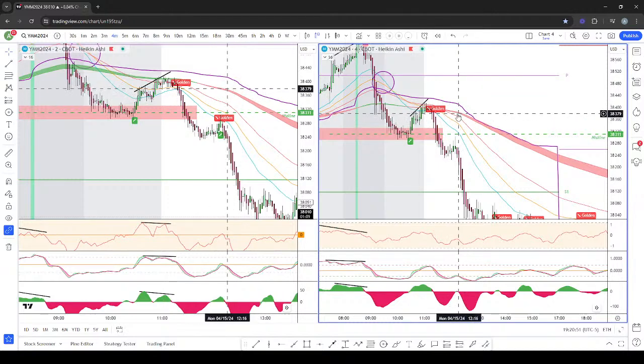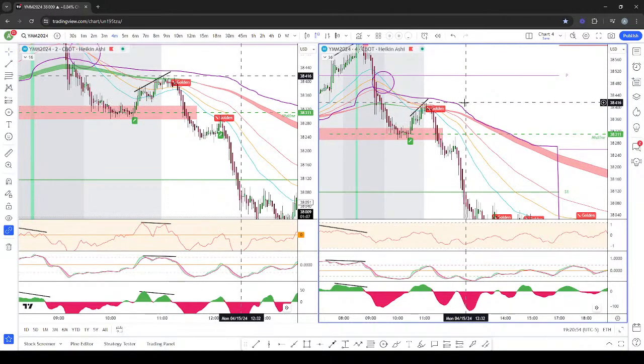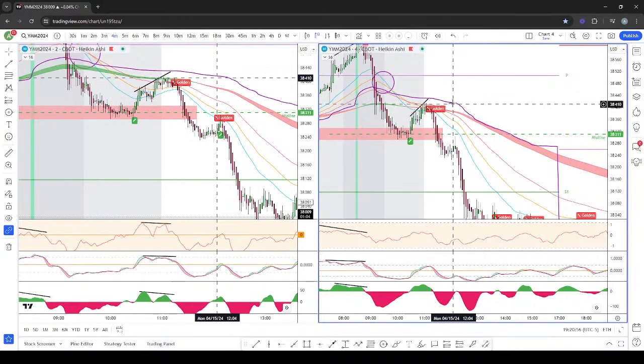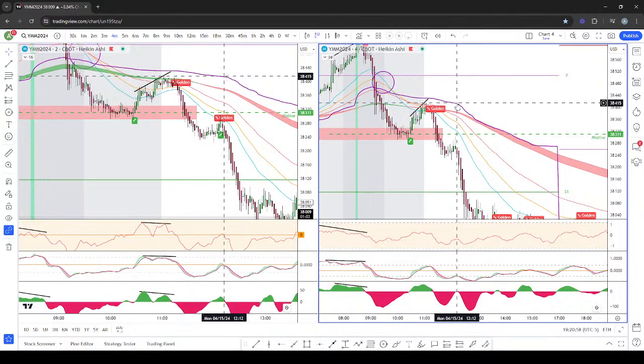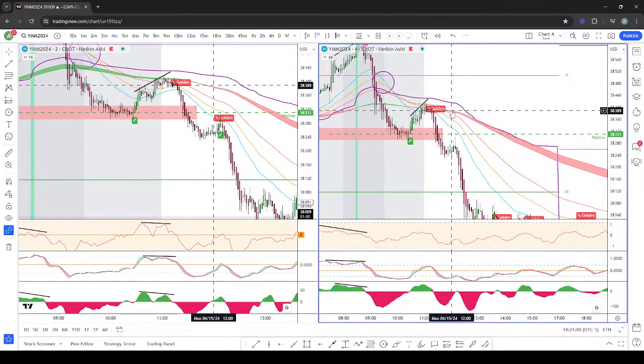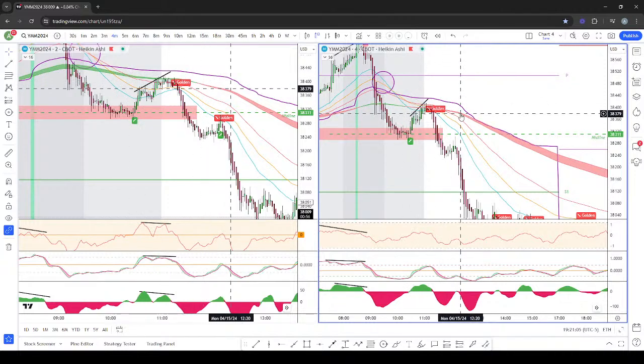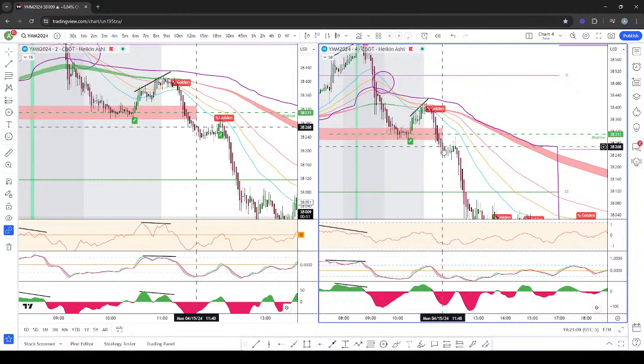So even on the 4-minute time frame, you have that really beautiful sequence pattern with VWAP and your 200 EMA cloud above price, and then you've got red, orange, and teal on your EMAs.